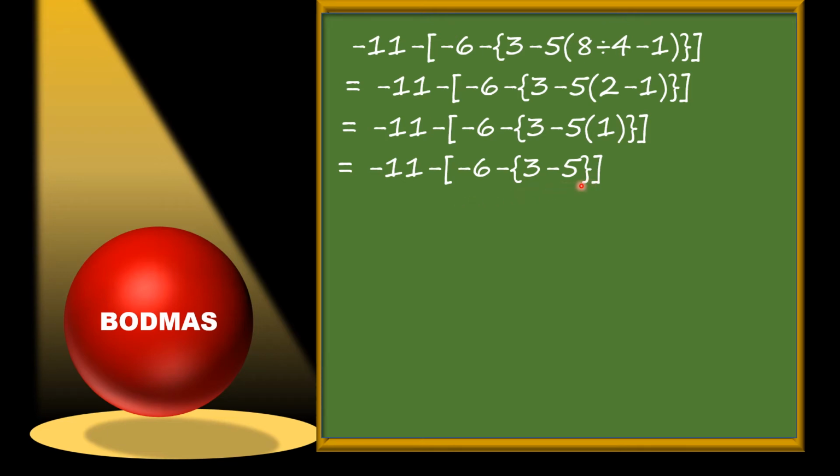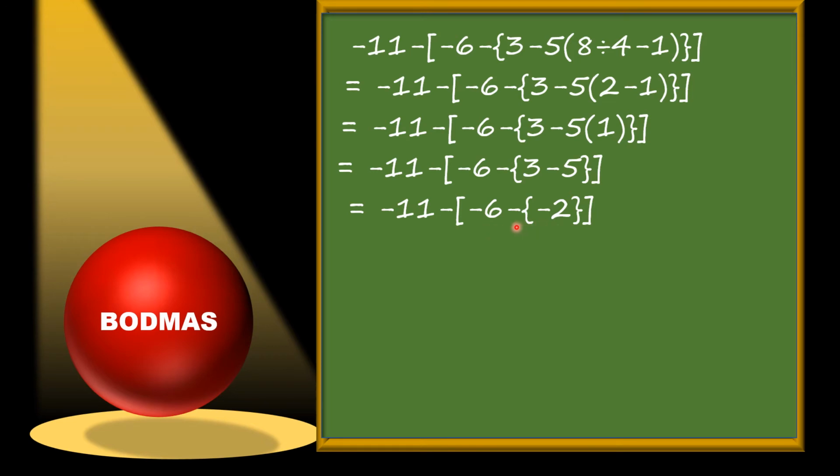Now according to the rule of brackets, we need to solve the braces or curly brackets. 3 minus 5: 3 is a positive integer and minus 5 is a negative integer. So here we need to do subtraction, but we will put the sign of minus. The answer will be a negative integer. So here it is minus 2.